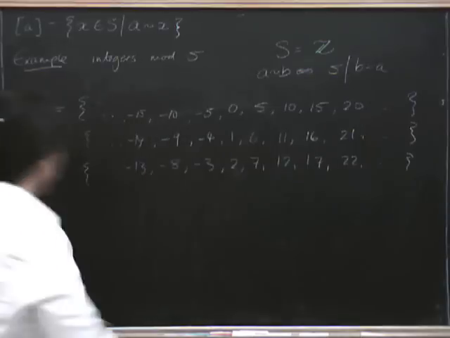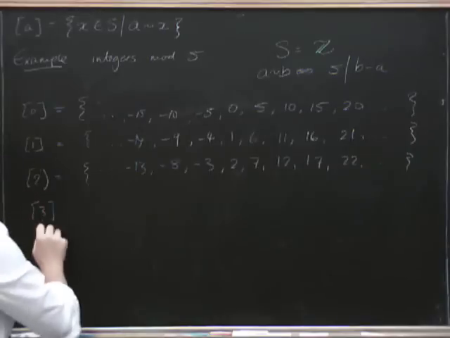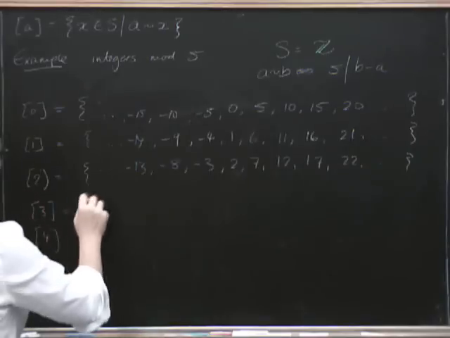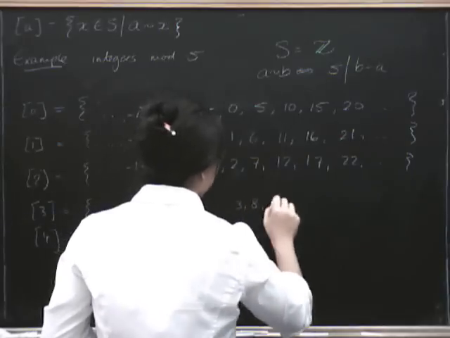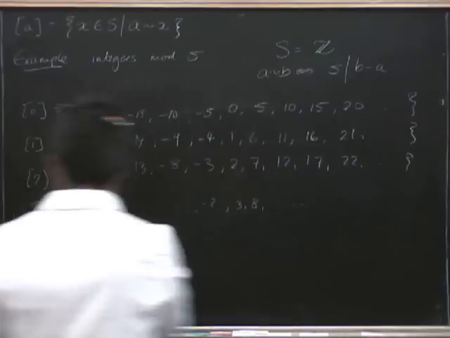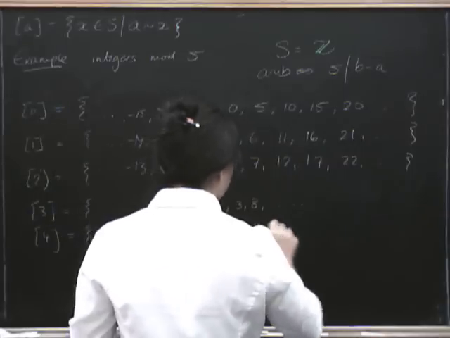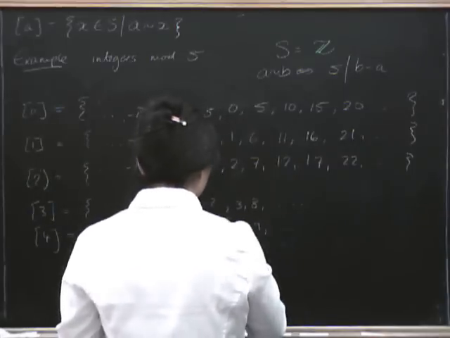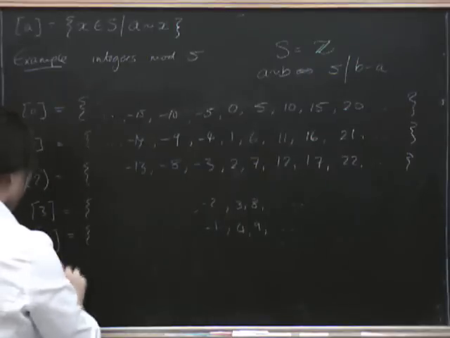Have you done it? Well, there's going to be the equivalence class of 3, and the equivalence class of 4. So 3 is going to be 3, 8, and so on, in this direction, minus 2, etc. The equivalence class of 4 will have 4, 9, and so on, and in this direction, minus 1, and so on. But what's the equivalence class of 5 going to be?